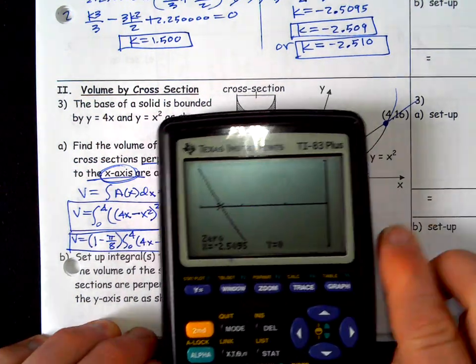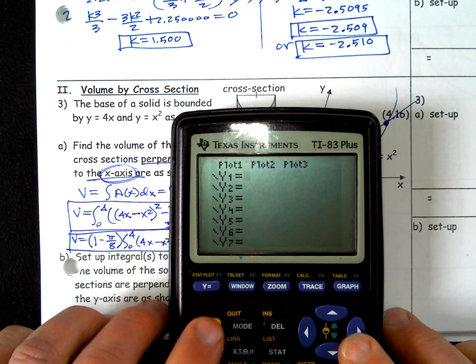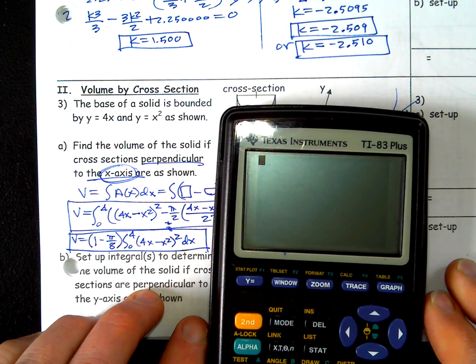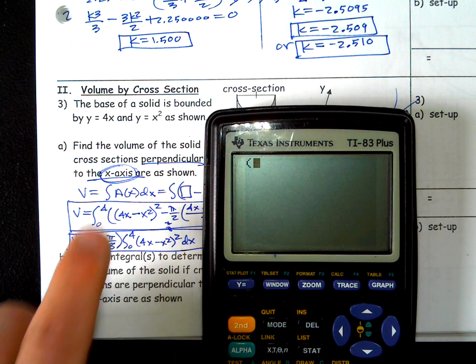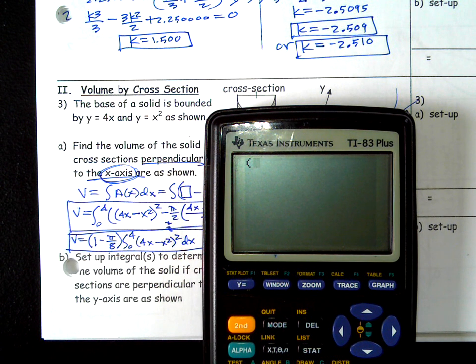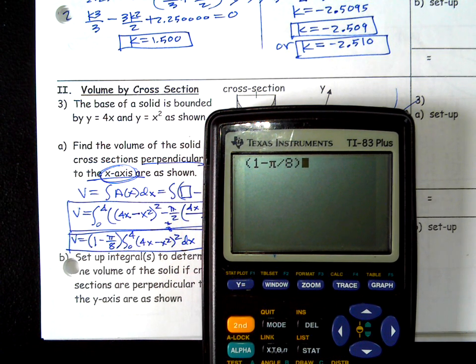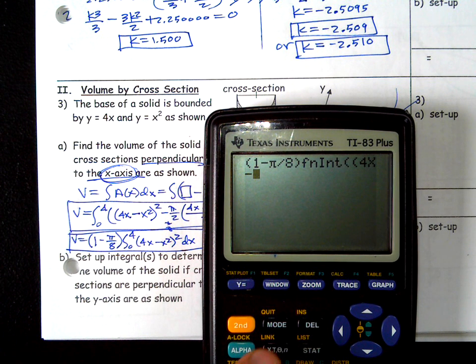So if we're going to enter this in our calculator, at least this one, you could do this other one if you want. Either way, 1 minus pi over 8. You got to put that in parentheses. Math 9, parentheses, 4x minus x squared, close parentheses squared.